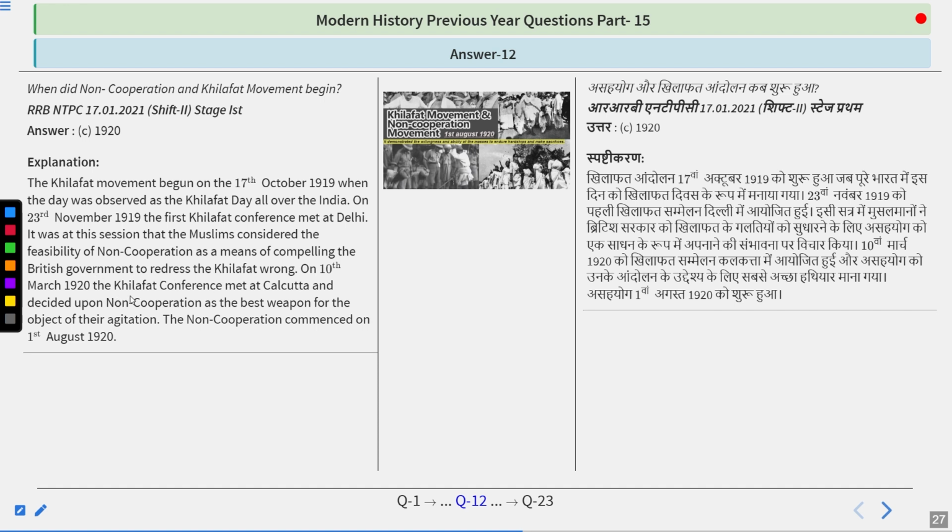On 10th March 1920, the Khilafat conference met at Calcutta and decided upon non-cooperation as the best weapon for the object of their agitation. The non-cooperation commenced on 1st August 1920. So the answer is 1920. This movement went on till 1922, the non-cooperation movement, and the Khilafat movement almost ended around 1924.